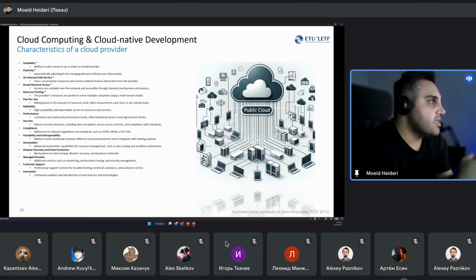Performance is another issue. A consistent and optimized performance level is also very important for the cloud providers, and often it's backed by service level agreements or SLAs. It depends on whom you are providing these services to.